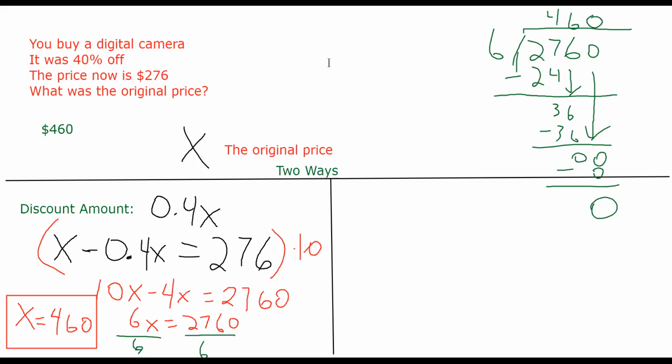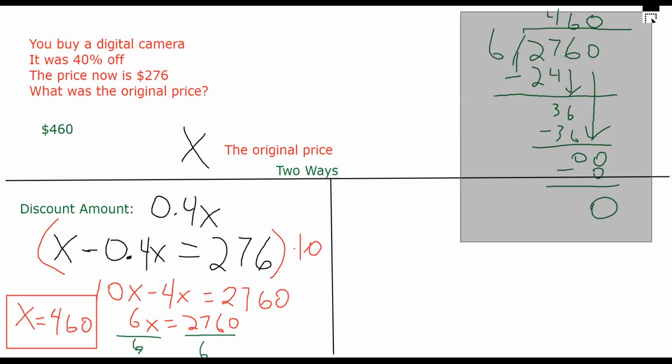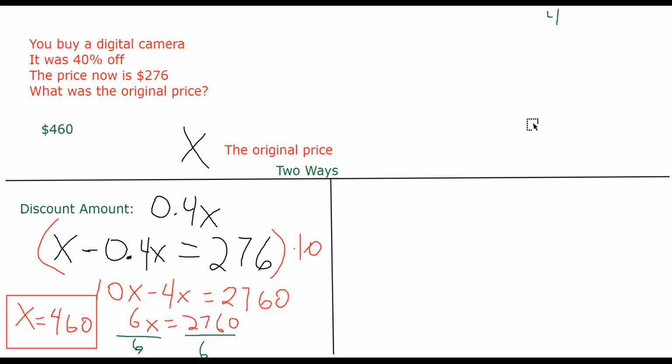So yeah, the original price of the camera was $460. Let's try it a different way. And let's just think logically. If I take 40% off, how much percent am I still paying? 60%.